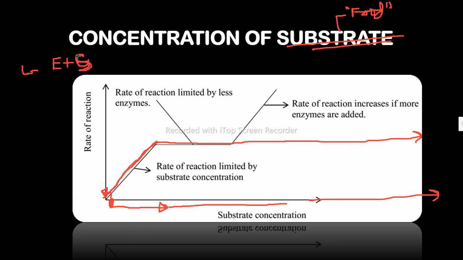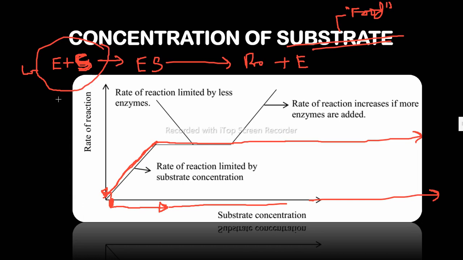The enzyme must collide with a substrate molecule to form an enzyme substrate complex, which must dissociate to give us the products plus our enzyme, and the enzyme remains intact and unchanged. But now the science is here.